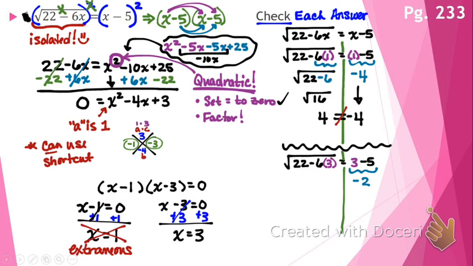Yes. Yep, what is that? Negative 18. So I have 22 minus 18 over here, which is 4. What's the square root of 4? 2. What did I have on the other side? Negative 2. So it's not valid at all. That one's not valid either. That one is also extraneous.